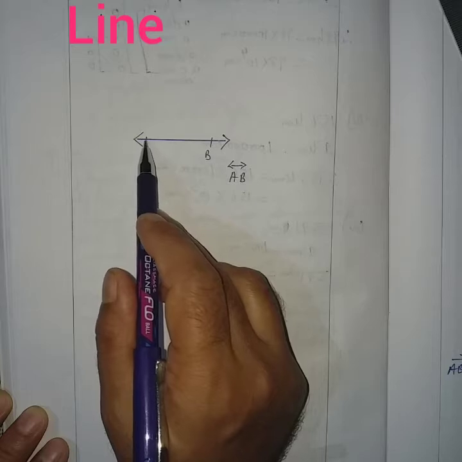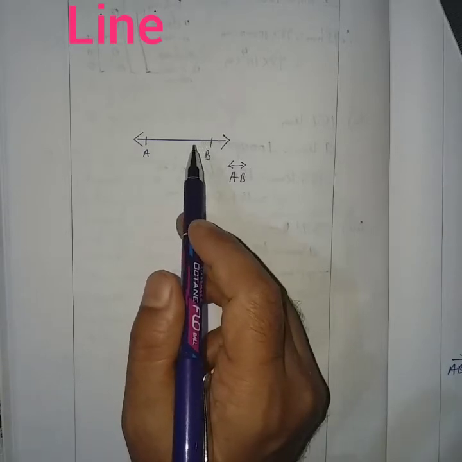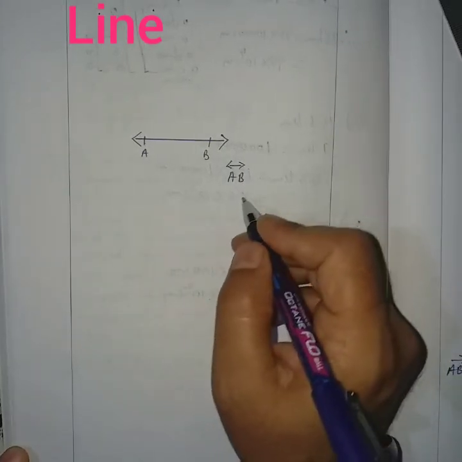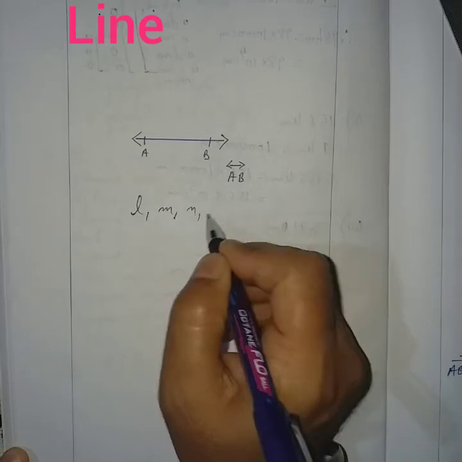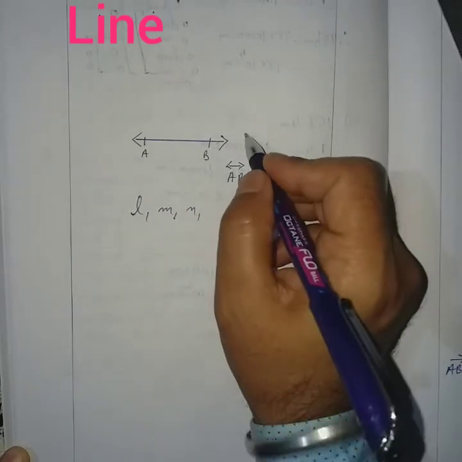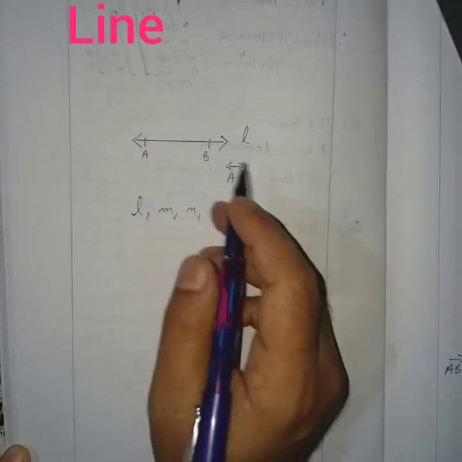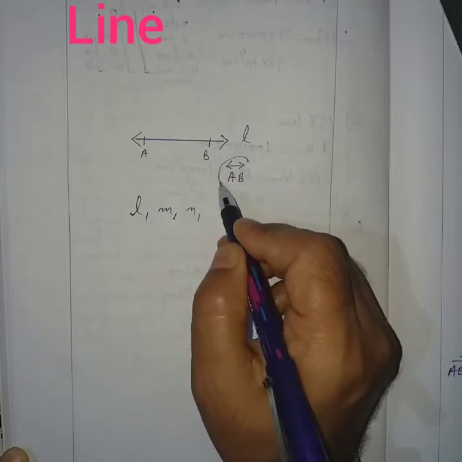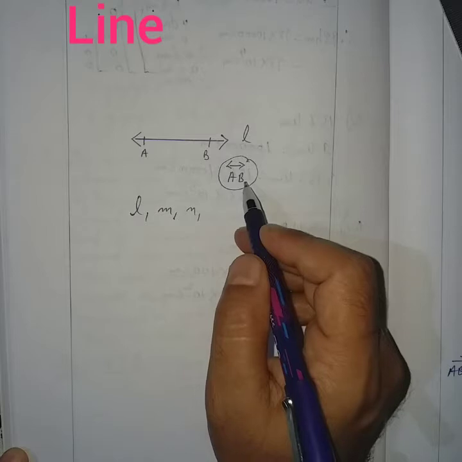So that means we don't have endpoints for a line. Line sometimes represented by small letters also, like L, M, N. This line can be named as L. Okay, line L means this line, or we can represent in this manner also. So there are two ways to name a line.